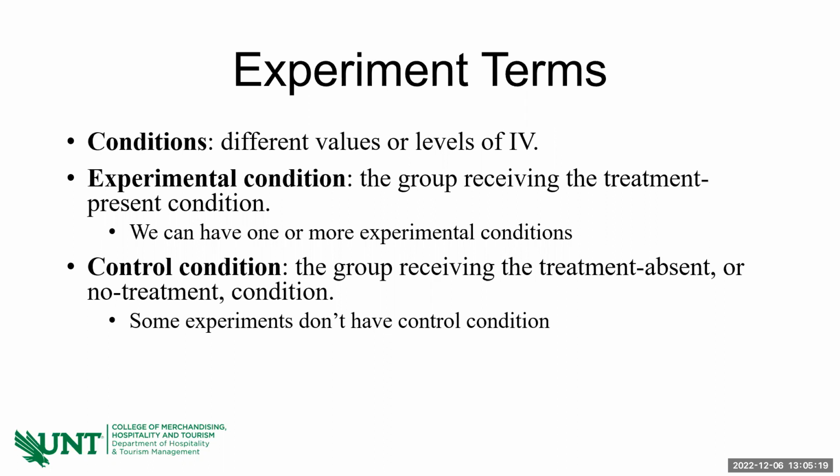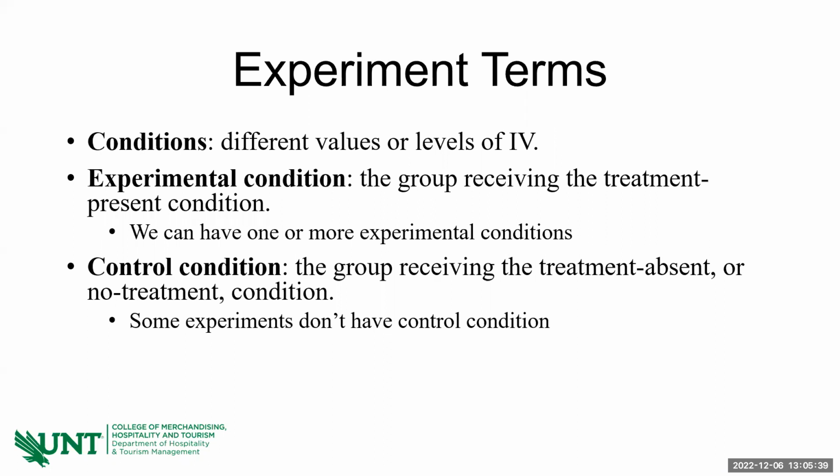Ideally, you will have 50 people per group, but sometimes people quit during your experiment, or they don't even complete it. So you might see slightly different numbers in the two groups, which is totally okay.